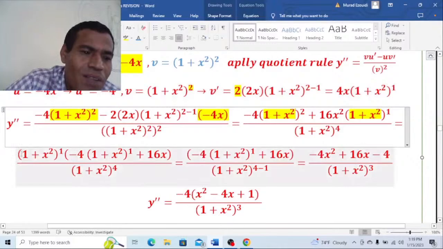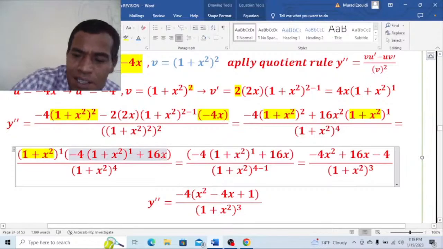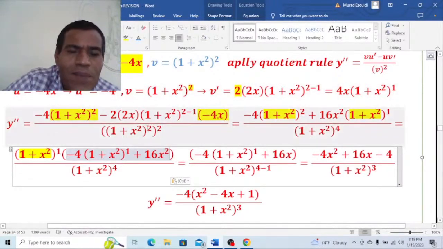Therefore I will make (1 plus x squared) to the power 2 a common factor, of negative 4 and 1 plus x squared plus 16 times x squared, because 4x multiplied by 4x is 16x squared.